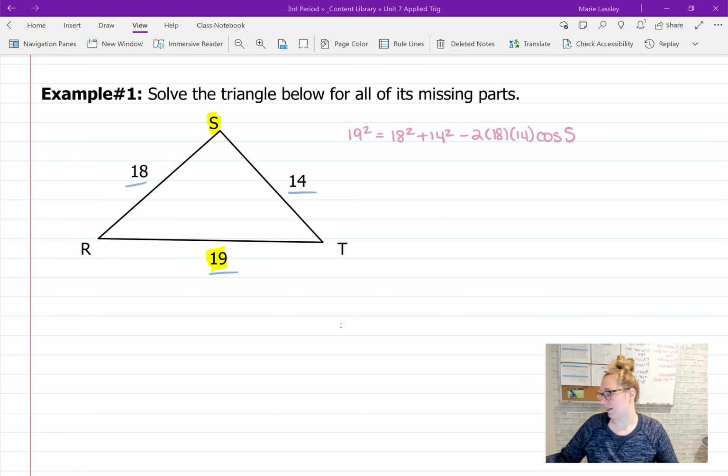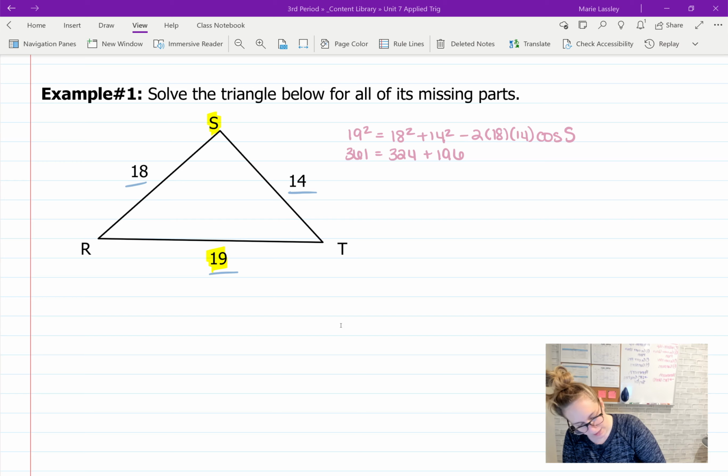I'm going to do 19 squared, so 361, 18 squared, 324, 14 squared, 196.